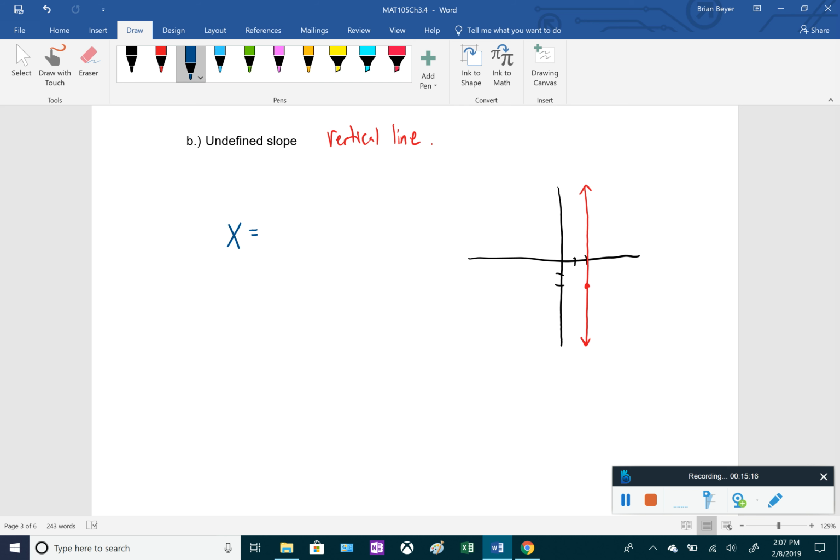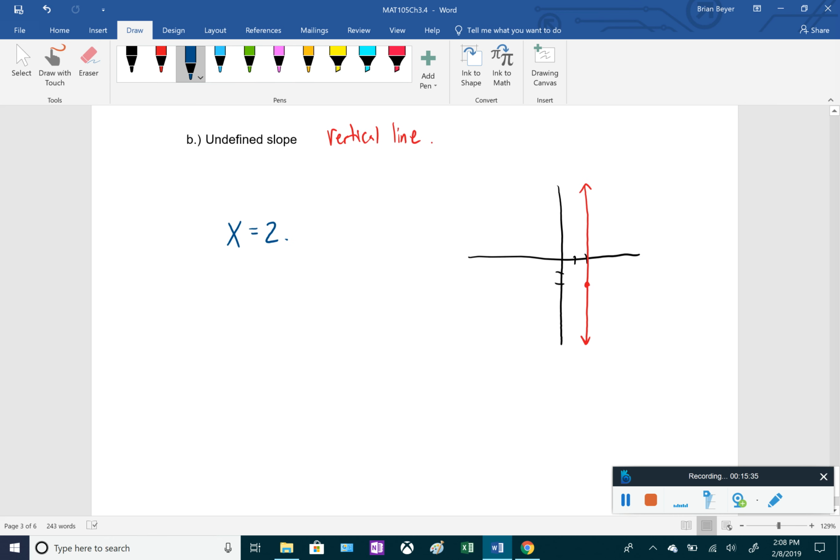It's going to be x equals the x-intercept, which in this case is just x equals 2. So x equals whatever that x-coordinate was. So pretty easy for these ones. You just have to remember the equations for vertical and horizontal lines.